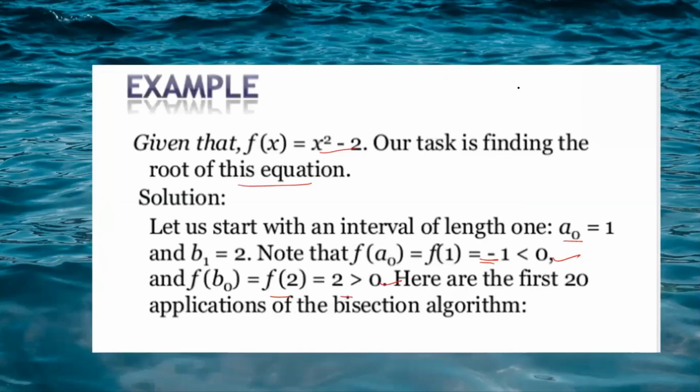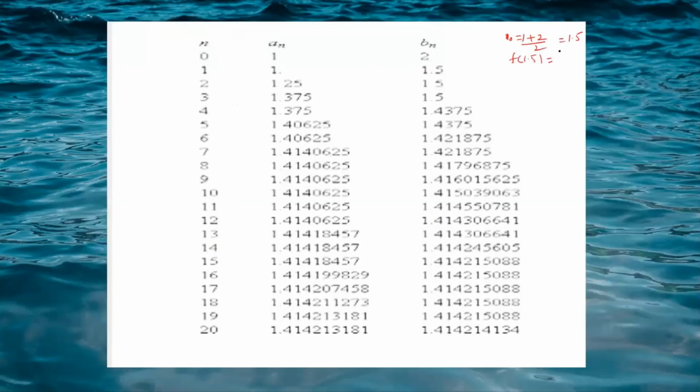What is your equation? X square minus 2, that is 1.5 whole square minus 2. That is 1.5 into 1.5 minus 2. How much will you get? 0.25. That is greater than 0.